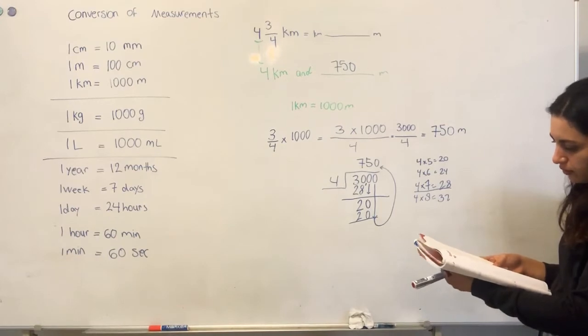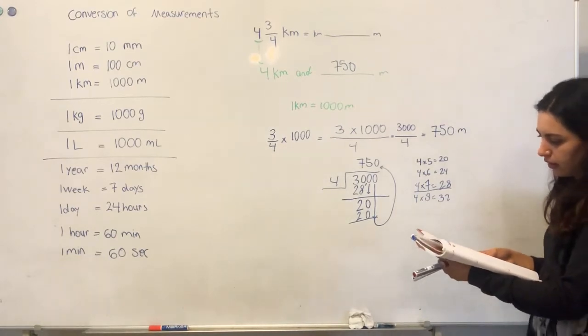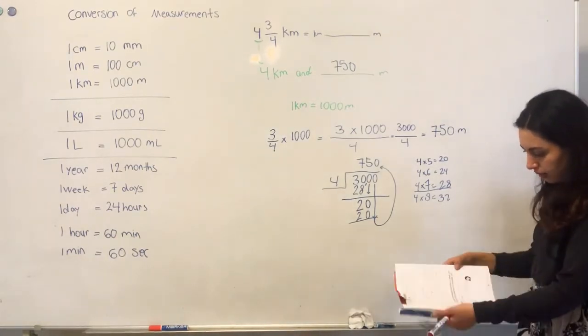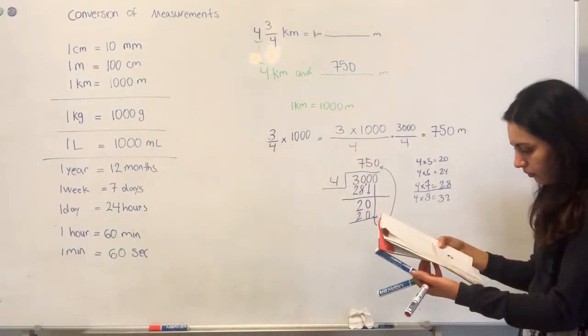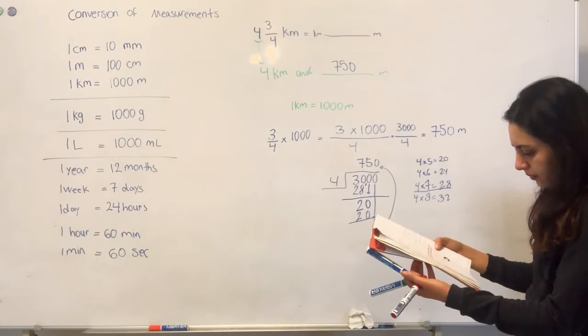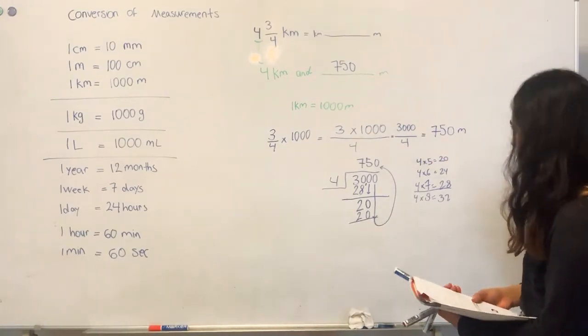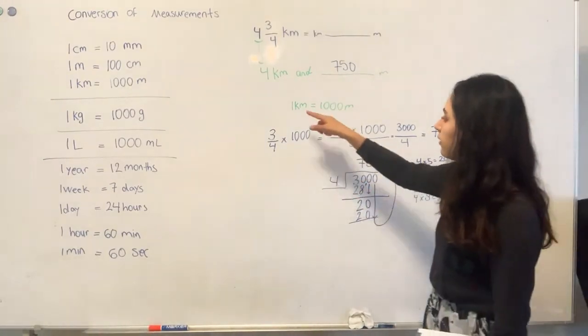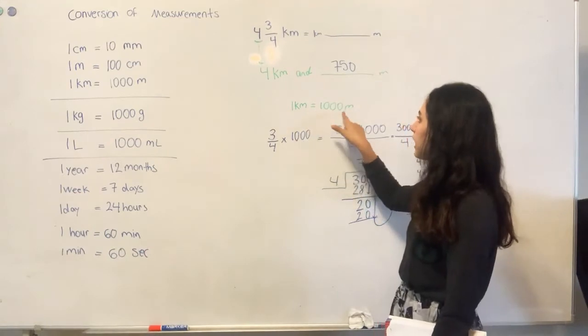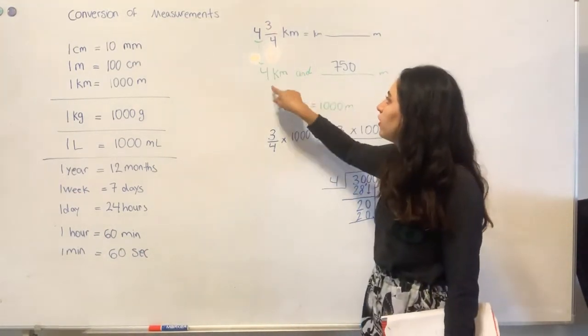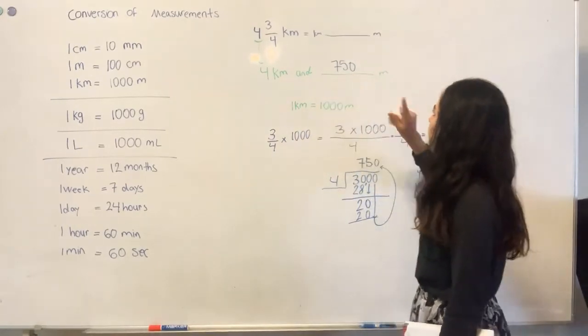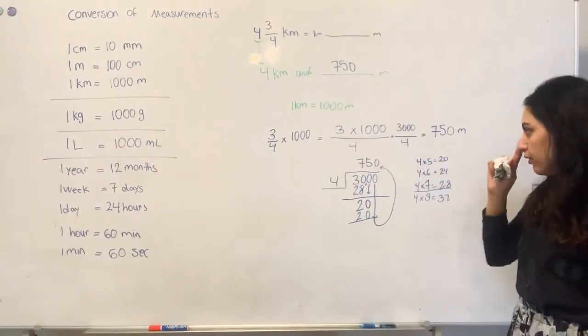Now I'm going to look for another question that can give you a different practice. So another practice that I can do for you, you see how we say 1 kilometer equals to 1,000 meters, right? And then we say 4 kilometers and 750 meters.